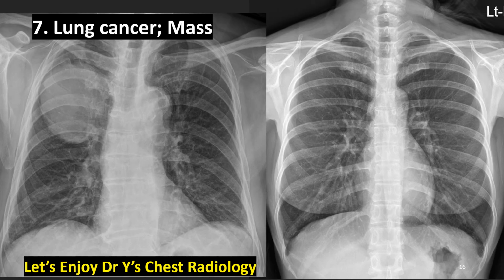We see a goose egg-sized, large, big mass in the right upper lobe of this old man. We call it a mass when the lesion is more than 3 cm, bigger than a nodule. A large mass usually means lung cancer. This is lung cancer.